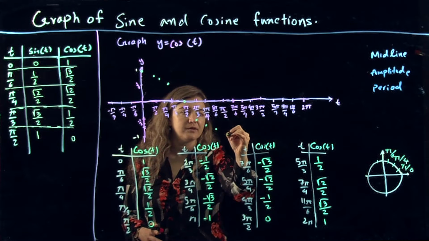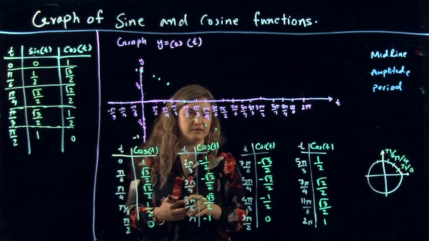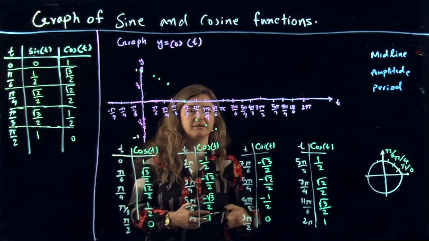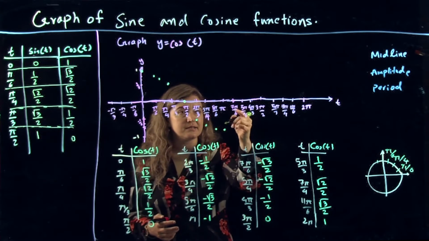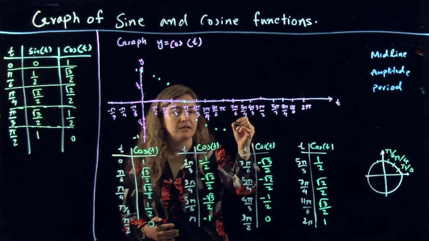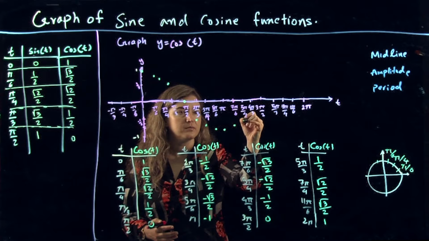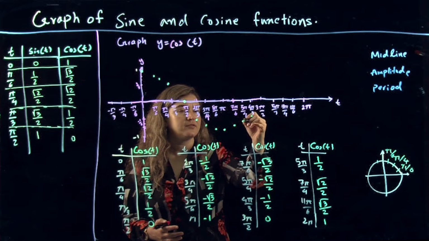At pi, and this one is pi, not pi half. At pi, we get negative 1. At 7 pi sixth, we get negative square root of 3 over 2, negative square root of 2 over 2 for 5 pi fourth, negative 1/2.